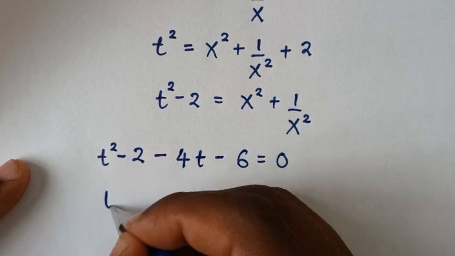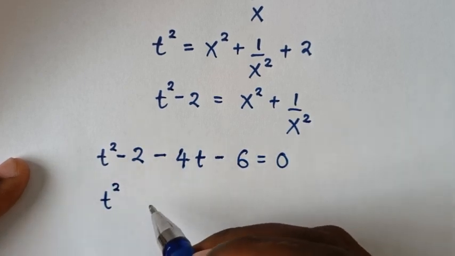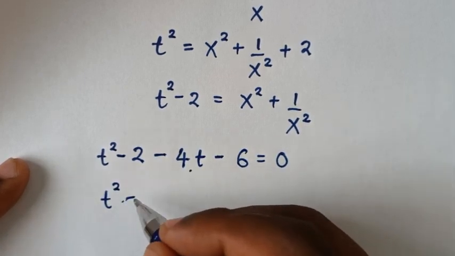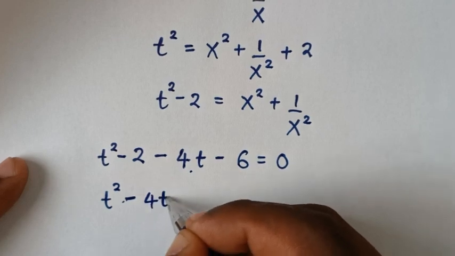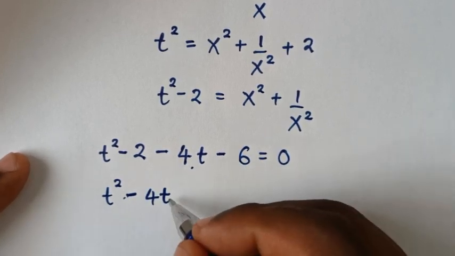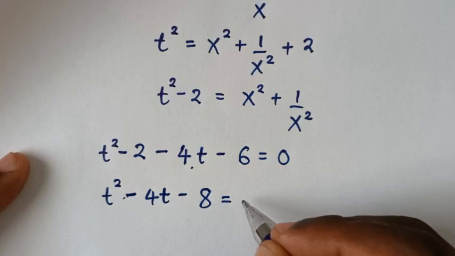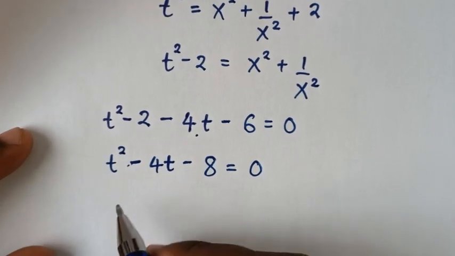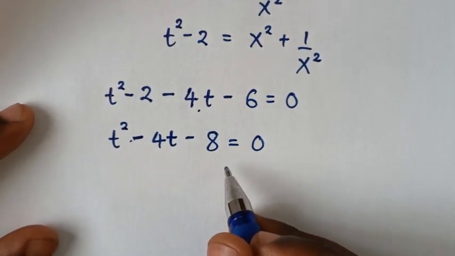Then it will be t² − 4 − 4t − 2 − 6, which is −8, equal to 0. Then from here we'll solve this by using the quadratic formula.